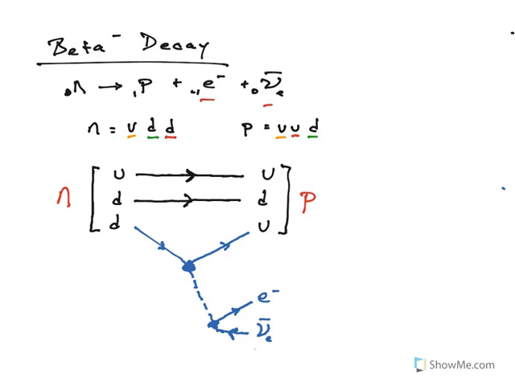Notice I started at this particular vertex with a down quark whose charge is minus 1/3. And what I got out was an up quark whose charge is positive 2/3. So at this interaction vertex, I went from a charge of negative 1/3 to a charge of positive 2/3. So I gained plus 1 charge.